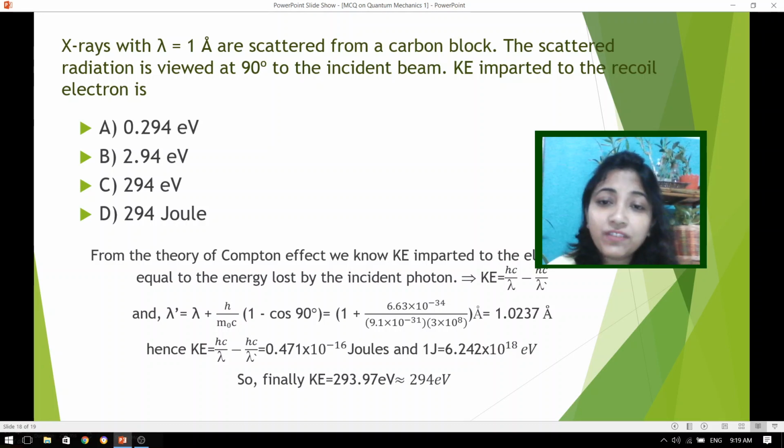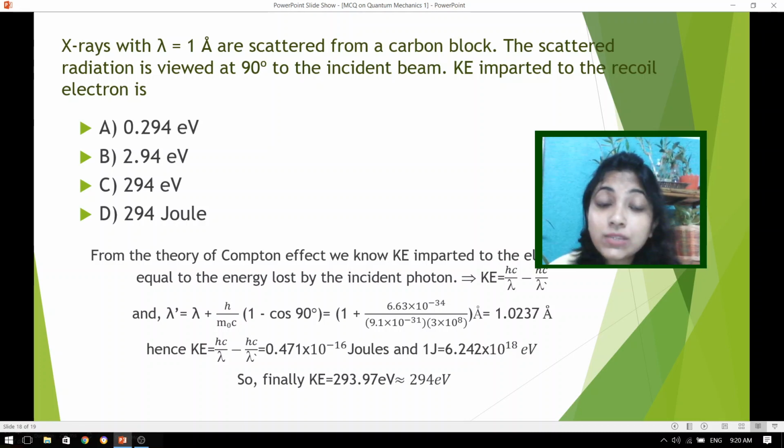So first we will calculate the scattered wavelength lambda prime by putting in the formula. As you can see in this scenario, lambda is known to us, and h by m0c are all constants. So we put the value of cos 90 and calculate the scattered wavelength, which comes out to be 1.0237 angstroms. By taking this value as lambda prime, when we put it into the formula of kinetic energy, we will get the value of energy in joules.